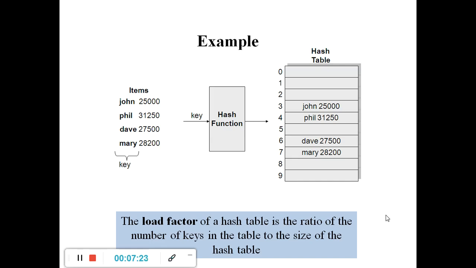It is very easy to understand that the minimum value of load factor is 0 and the maximum value is 1. So load factor ranges between 0 and 1. A load factor of 0 implies that we do not have any data items to hash.